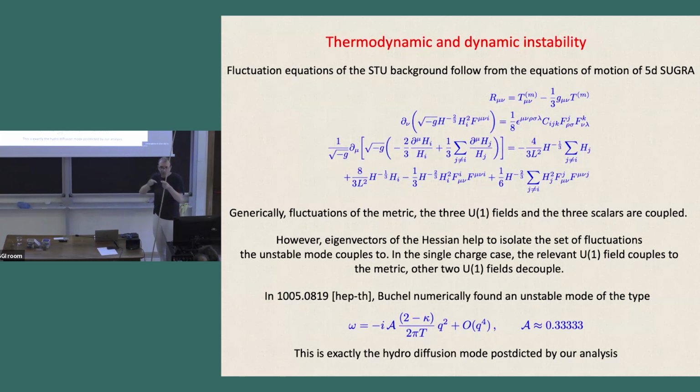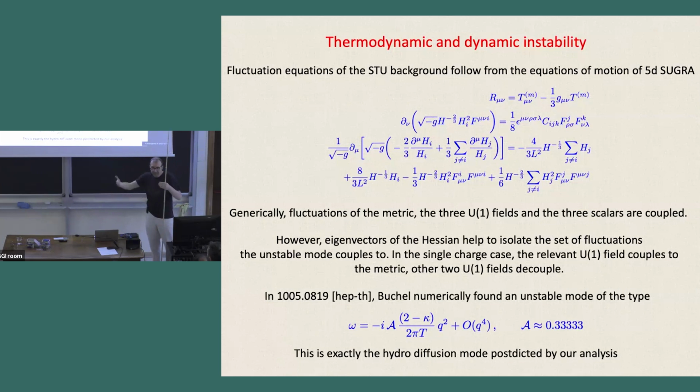So you can look at the mode which is unstable. For example, lambda 3 is the eigenvalue that changes sign. There is an eigenvector which corresponds to this mode, and this eigenvector tells you which fluctuations will couple to the unstable mode. Is it the metric, the three U(1) fields, or what scalars couple to it?